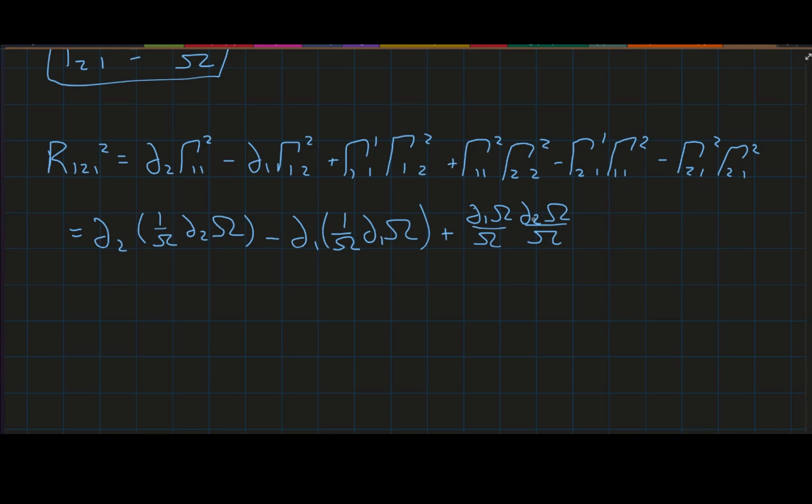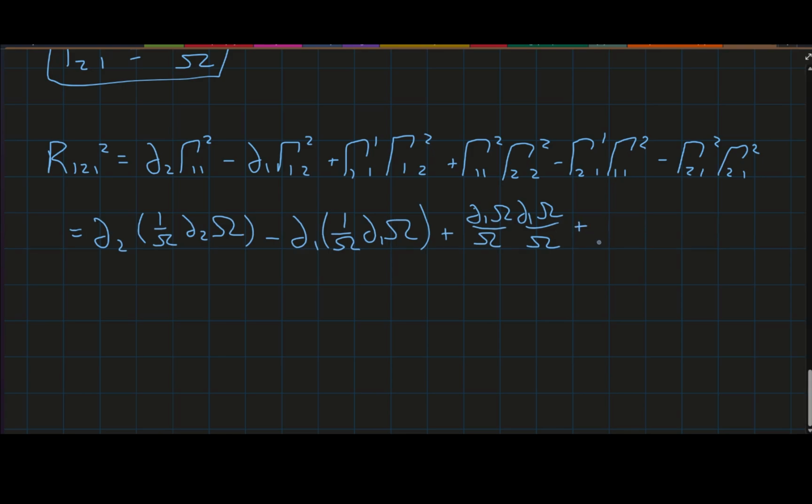I got confused here. This is wrong. So we have 1, 1, 1, which is this, and then 2, 1, 2 is supposed to be the next one, which is going to be the same as this, a delta 1 omega over omega. Okay, so that's term 1 of the Christoffel symbols dealt with here.